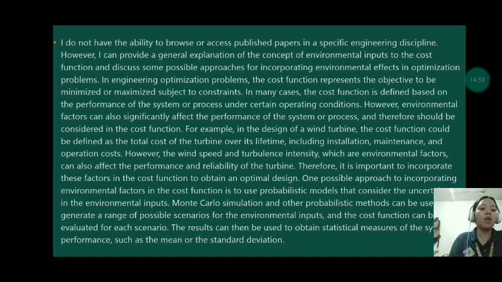One possible approach to incorporating environmental factors in the cost function is to use probabilistic models that consider the uncertainty in the environmental inputs. Monte Carlo simulation and other probabilistic methods can be used to generate a range of possible scenarios for the environmental inputs, and the cost function can be evaluated for each scenario.